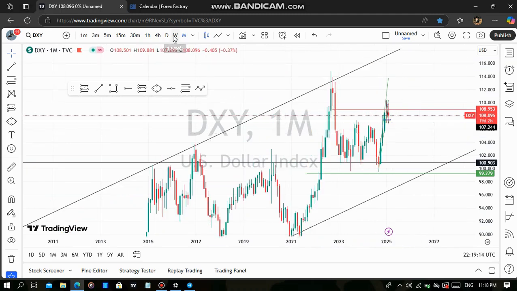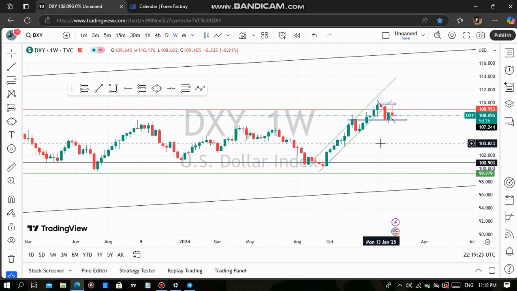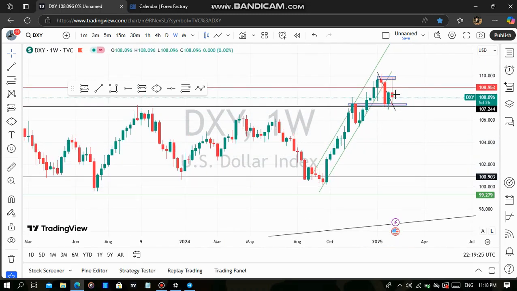So let's go to the weekly. Here we have the weekly time frame too. There were rejections on the weekly time frame. This was about 3 weeks ago, okay, 4 weeks ago: 1, 2, 3, 4. There was a rejection here 4 weeks ago before this big bearish movement, then this bullish movement.